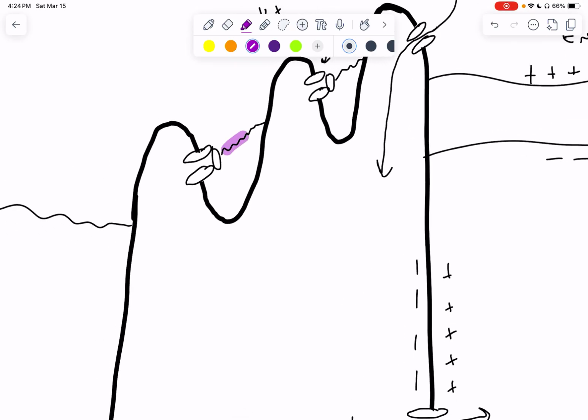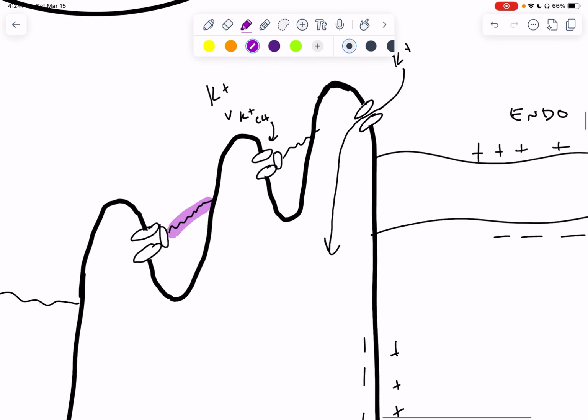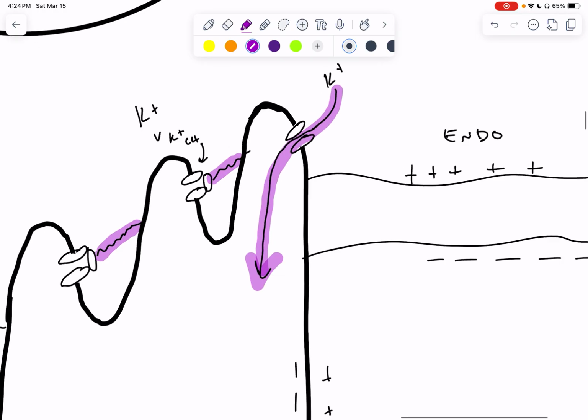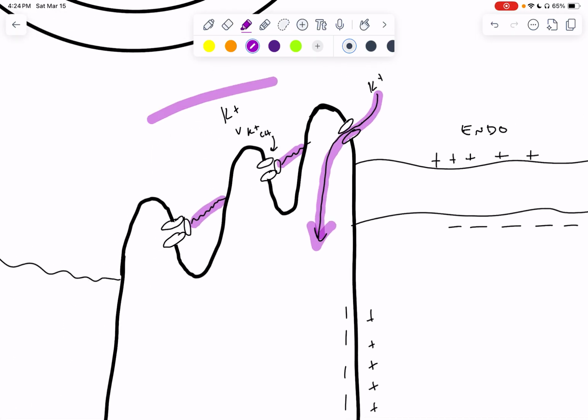These collagen fibers are actually connected to these mechanically gated potassium channels. As these hairs bend, let's say it bends this way, it is going to pull on these collagen fibers, which physically and mechanically alters the conformation of these potassium channels, allowing for an influx.